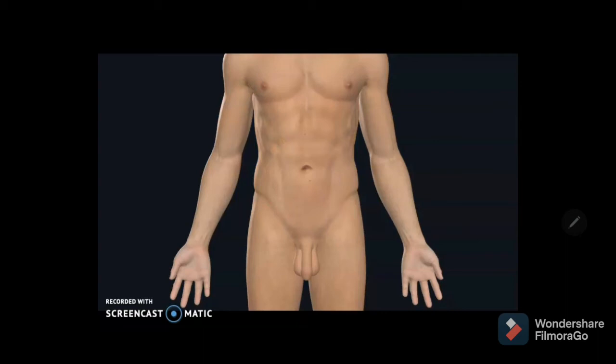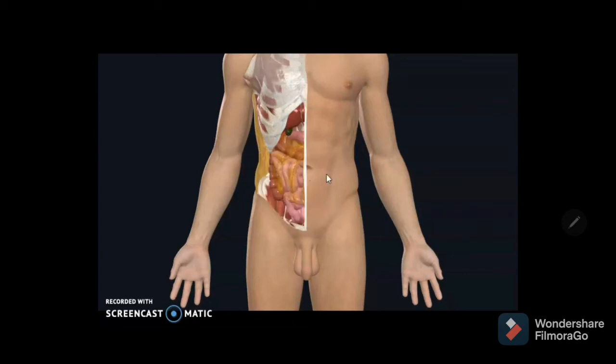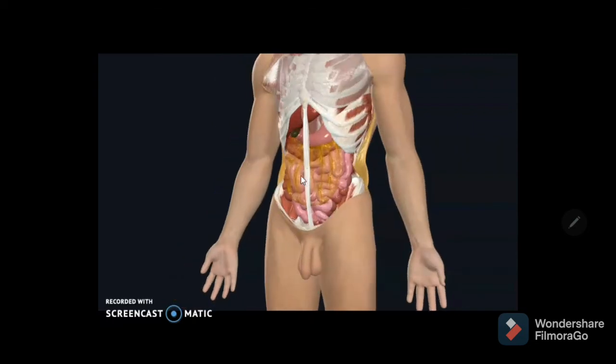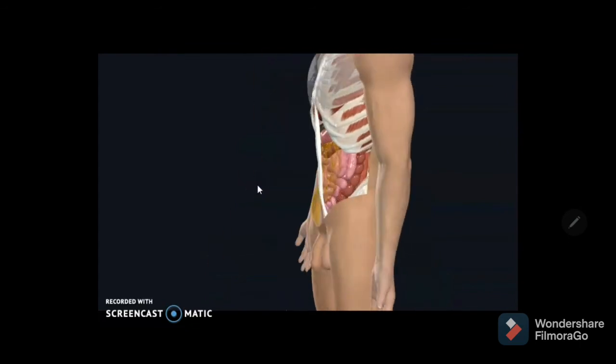So these are the different layers of the anterior abdominal wall. What you can see there, skin is there, superficial fascia, below the line joining the anterior superior spines, superficial fatty layer and deep membranous layer, external oblique, internal oblique, transversus abdominis muscle there. So these muscles act as the musculofibrous wall.